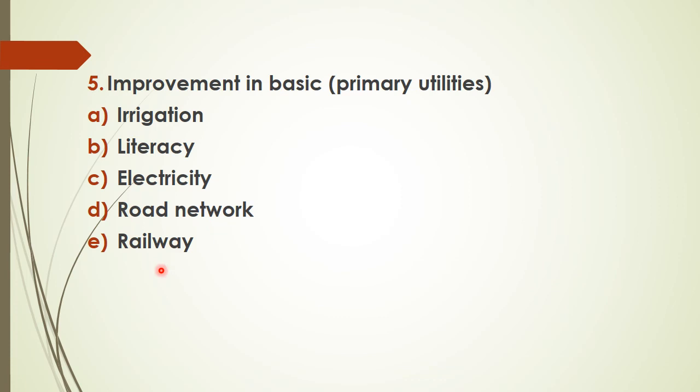Next comes railway. The Indian Railway network is the 4th largest, with a length of 65,000 kilometers, and Indian Railways is progressing very fast. The per capita consumption of essential commodities has increased, and apart from it, progress is made in areas of research and technology development.